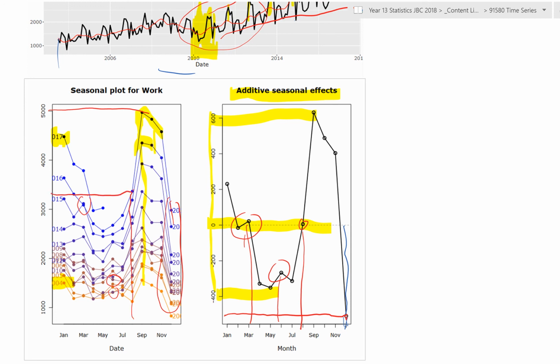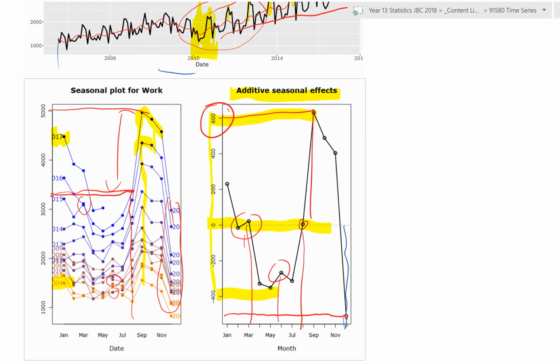So this difference here from the trend line up to the seasonal peak is from just over 3,000 to 5,000. So that's a lot more than the 600 average seasonal rise, isn't it? In other words, in recent years it's been rising further above the trend than the average seasonal effect has.